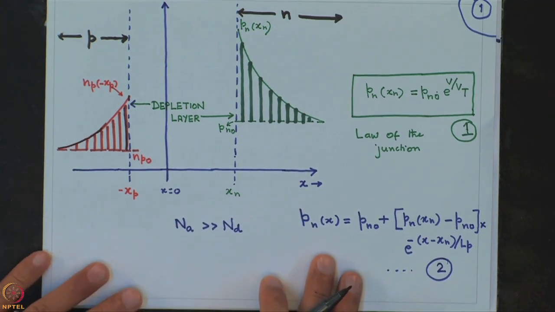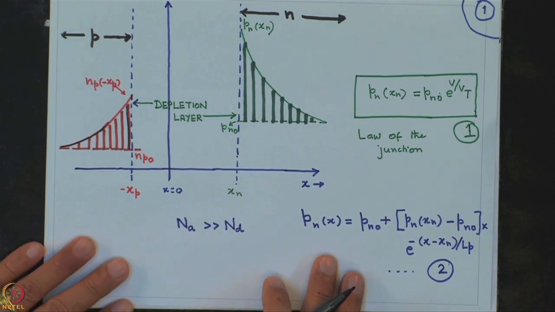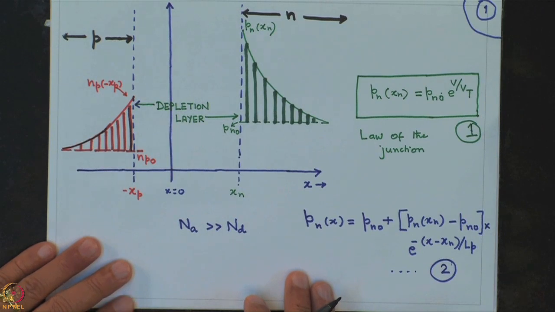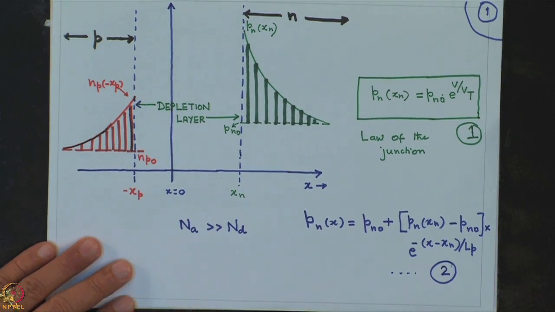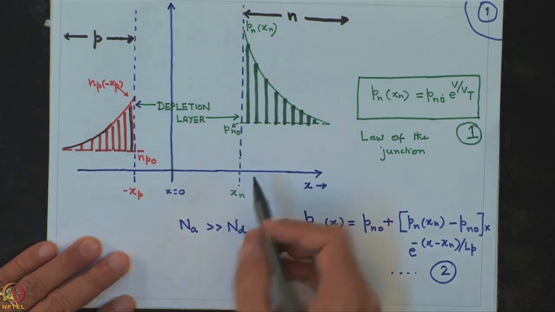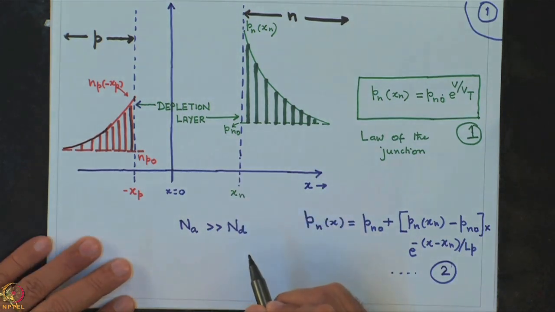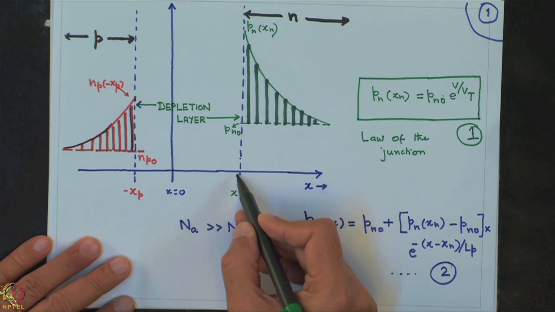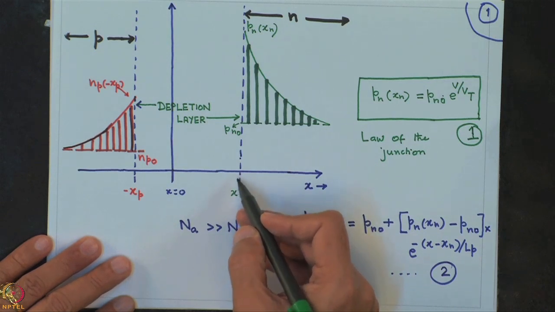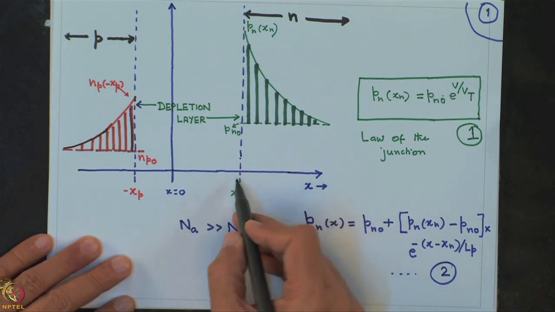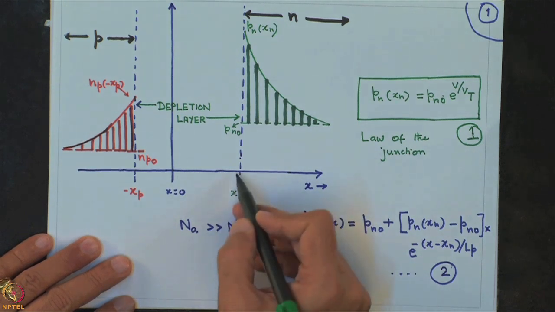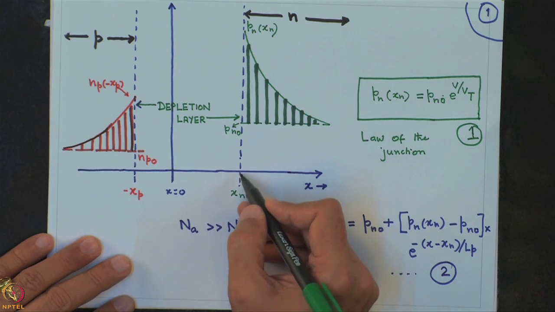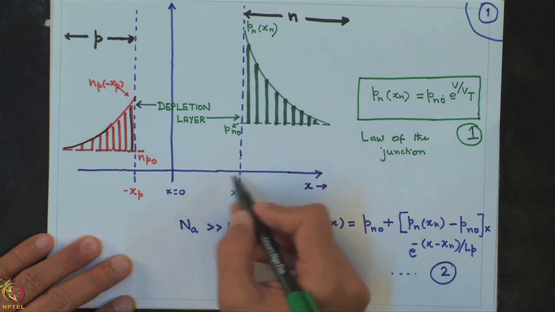Now there is a very famous law which is used very extensively in semiconductor physics, which is the law of the junction. It gives an expression for the concentration of the minority carriers. For example, at x equal to xn, which is the edge of the depletion layer, the law of the junction gives the concentration of the minority charge carriers at the edge of the depletion layer.